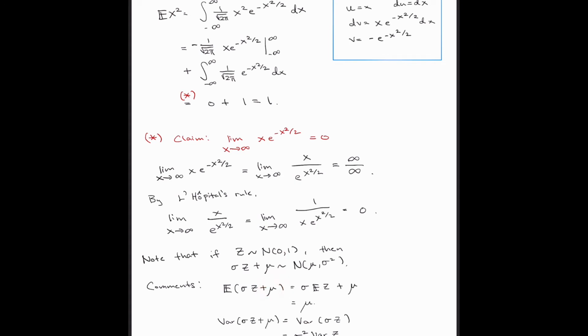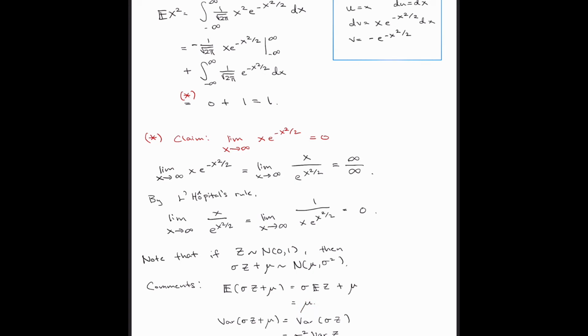But mu is a constant, so the expectation of mu is mu, right? And by linearity, you can pull out the sigma. So this is sigma E[z] plus mu, but E[z] is 0, right? So this is mu.